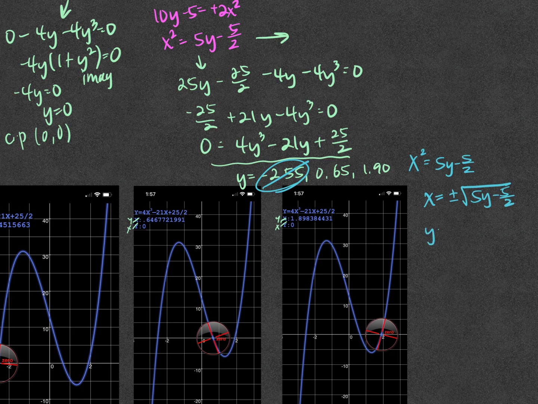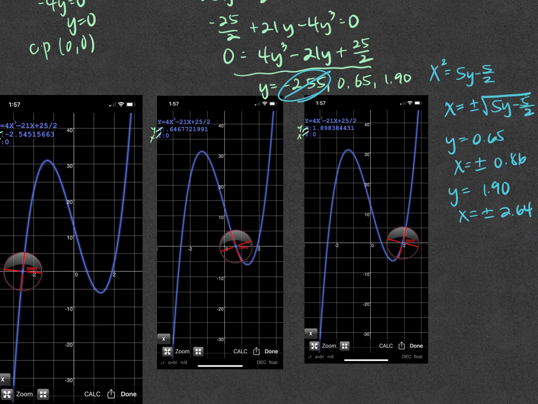So when y equals 0.65, we find that x equals plus and minus 0.86. And when y equals 1.90, we find that x equals plus or minus 2.64. Pause and check that. Pause and work that out.